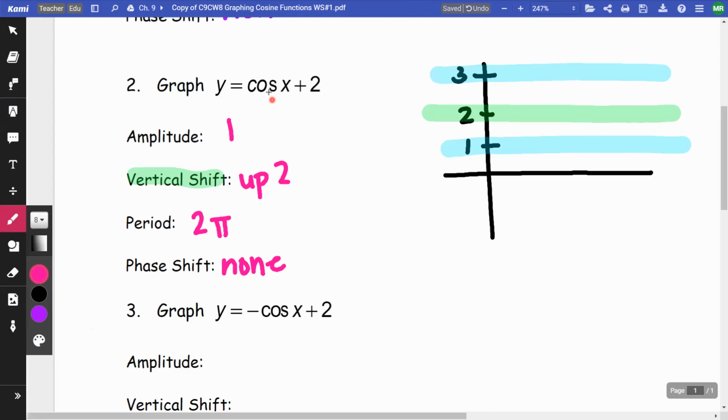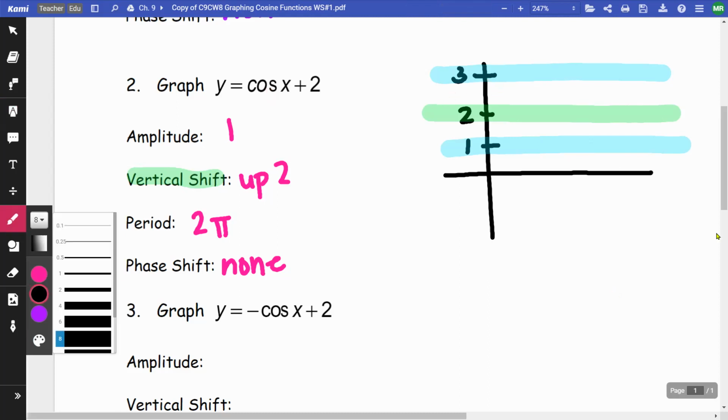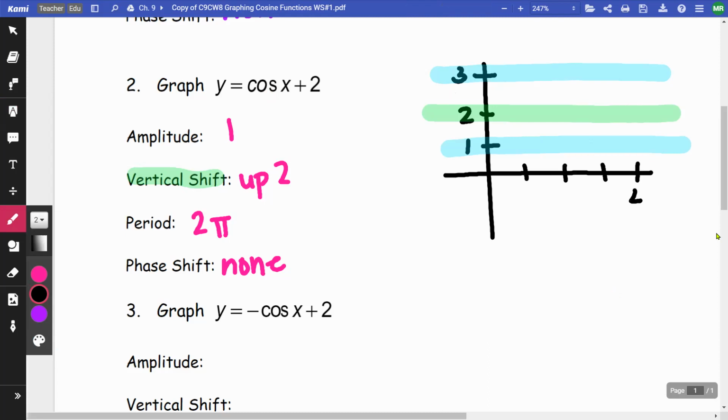So regular cosine, I forgot to label my x-axis, sorry. So nothing, this is normal. So I'm going to have my first mark on my y-axis, then my second, third, fourth, fifth, and that's going to go to 2 pi.